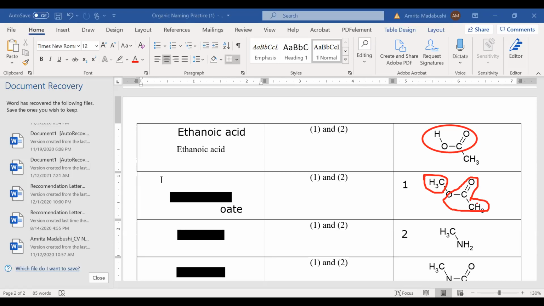It won't stay by itself, but the OH is the suffix. So this is the methyl part. So you have to say methyl. And then what is the second part? Suffix. Do you see how I did that?